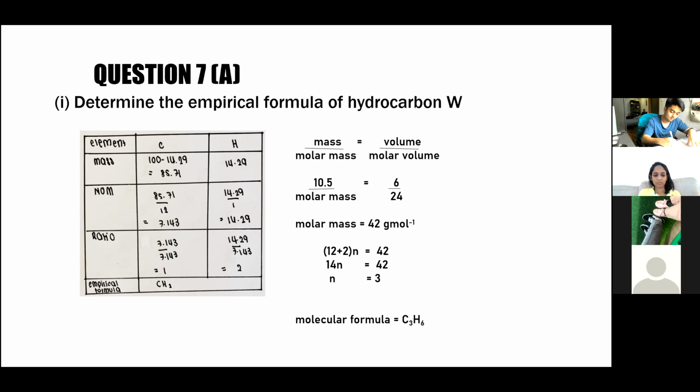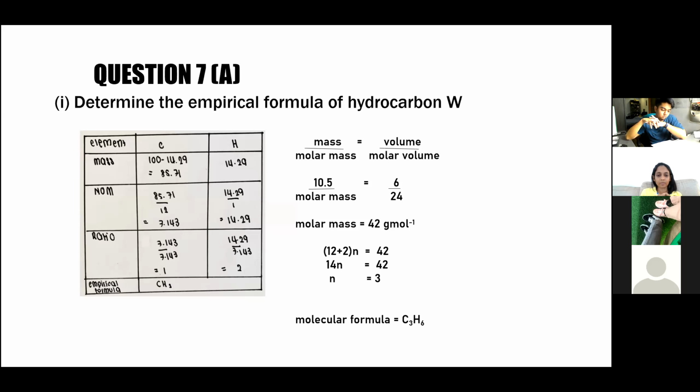Okay. And then to find the molecular formula, you need to know what your molar mass is. So in the question, they said that the mass of hydrocarbon W is 10.5, the volume is 6, and the molar volume is 24. So to find the molar mass, you would take mass over molar mass is equal to volume over molar volume. So when you cross multiply, you will get that your molar mass is 42 gram per mole. And then to find your actual number of atoms of each element, you take CH2 in brackets and then you put an n.